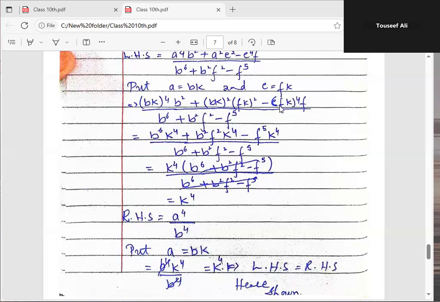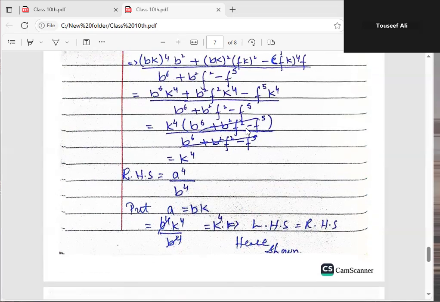This means 4 is on f and k both, so f^4 and f multiply with each other, it becomes f^5. Now in the numerator k^4 is common, so by taking k^4 common, the remaining terms are b^6 plus b^2 f^2 minus f^5, divided by b^6 plus b^2 f^2 minus f^5.